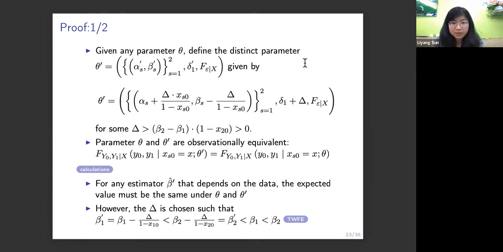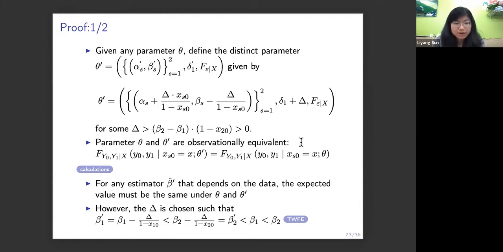The difference between theta and theta prime is that we're going to perturb the time effect by a little bit, say delta, and then offset this perturbation by some increase in the state fixed effect and some decrease in the state-specific coefficient.